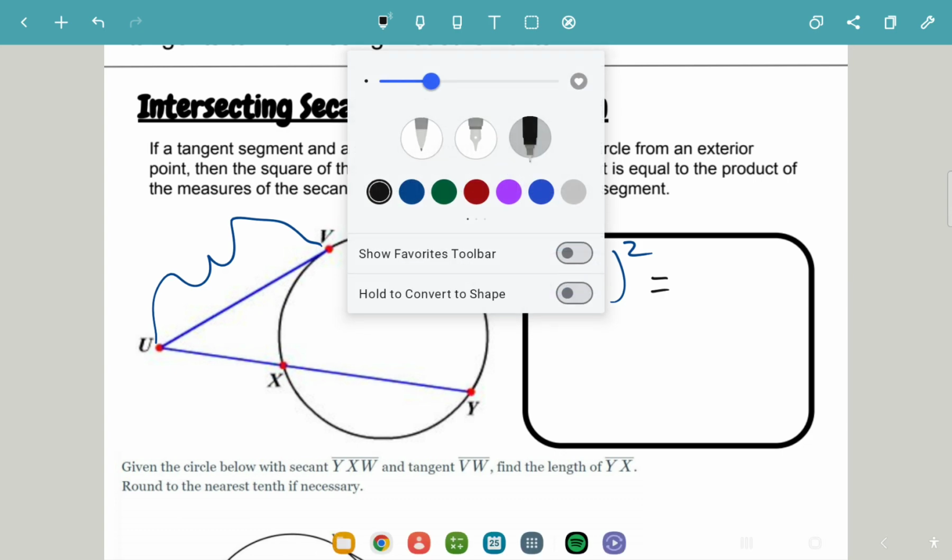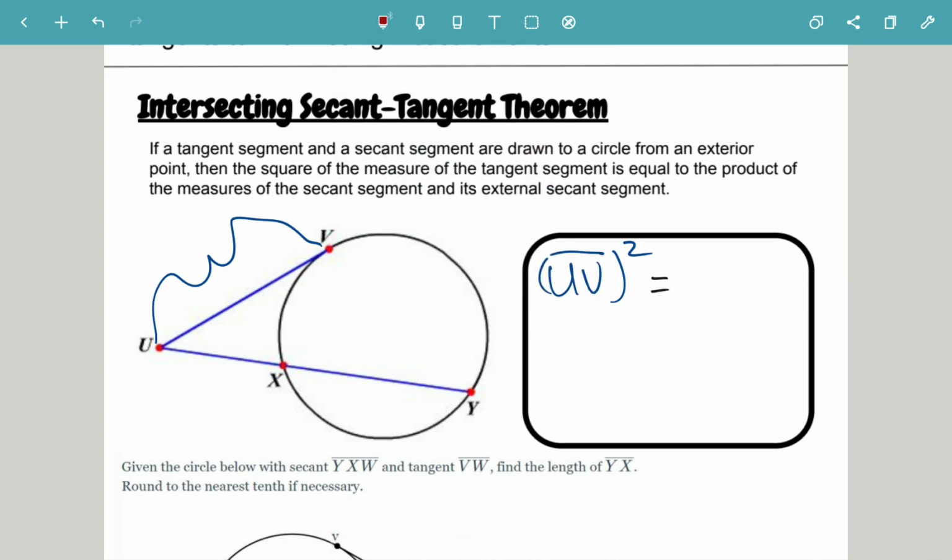And then this is equal to that outer segment times the entire secant. So UV squared is equal to UX times UY.